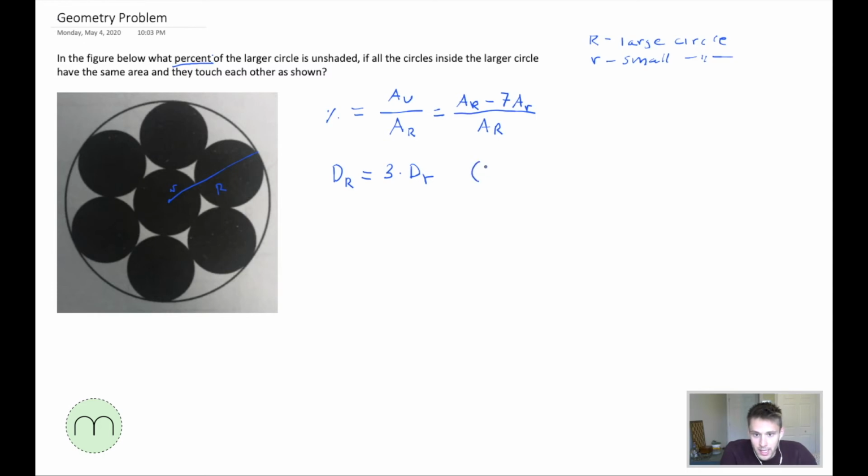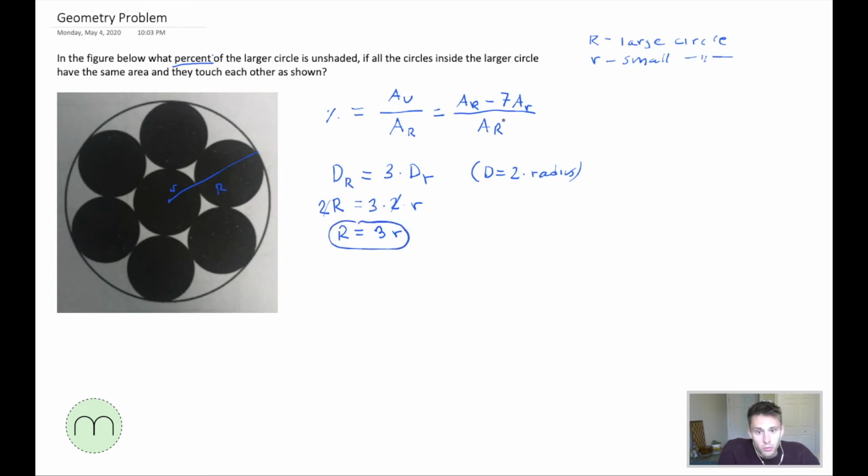And since any diameter is simply equal to 2 times the radius, this is true for any circle, we can write that 2 times capital R, the radius of the large circle, equals 3 times 2 times small r, the radius of the small circle. The 2 cancels, and we get the relationship between the radius of the large circle and the radius of the small circle, and this will help us solve this problem.